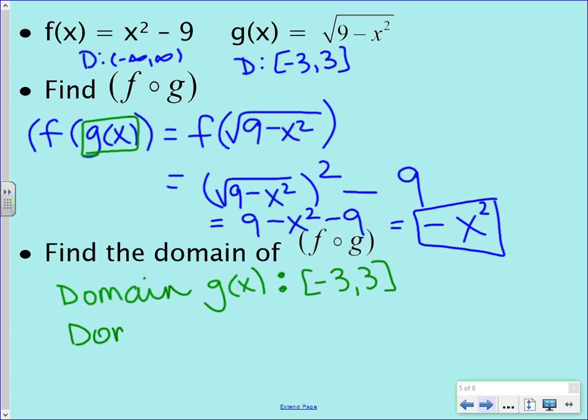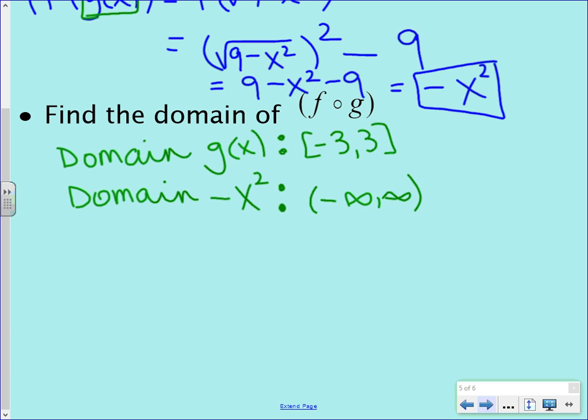Then, we need to look at the domain of the result. So, when we did the composition, we have negative x squared. What's the domain of negative x squared? All real numbers. However, we're plugging in to g first, and we can only plug numbers between negative 3 and 3 into our g function.